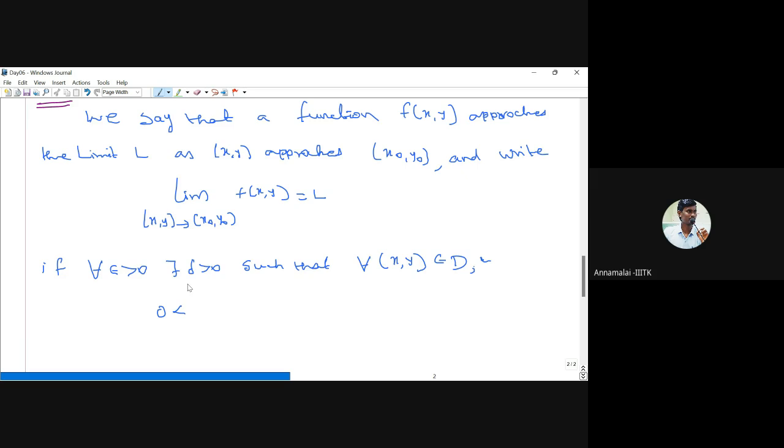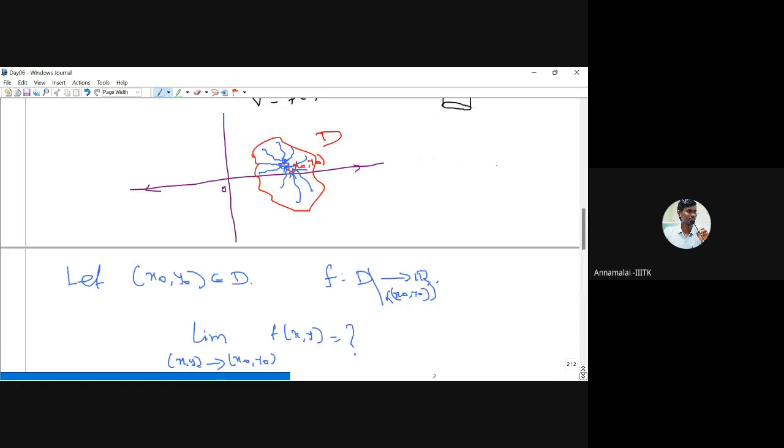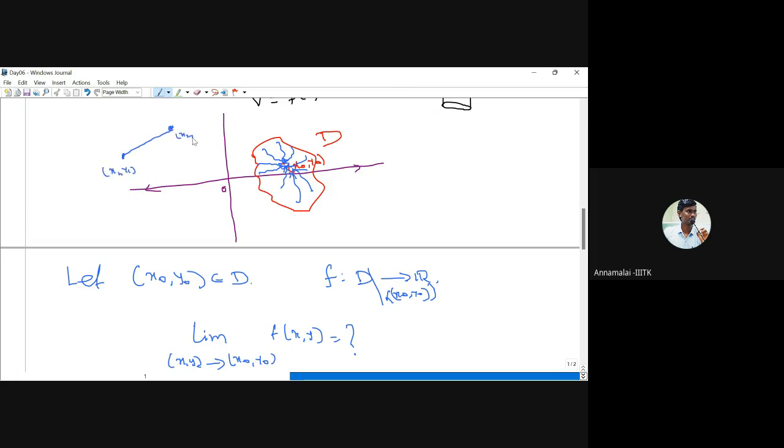Usually we use the modulus only for the distance between real numbers. For more than one variable we use the norm. That is the distance. You can use the modulus, that is not an issue, but modulus here means the norm of a vector. Suppose you take one point here, another point here, what is the distance between these two points? Say this is x1 comma y1 and this is x2 comma y2.